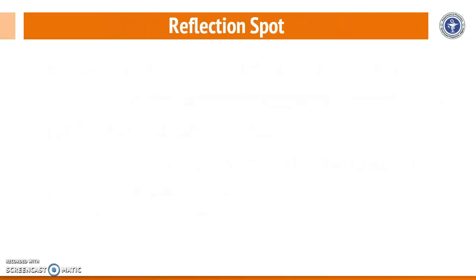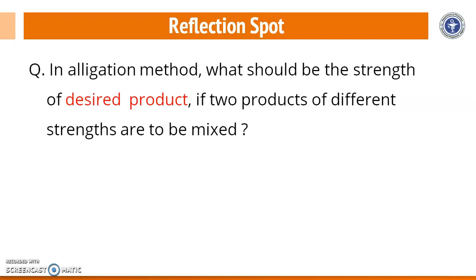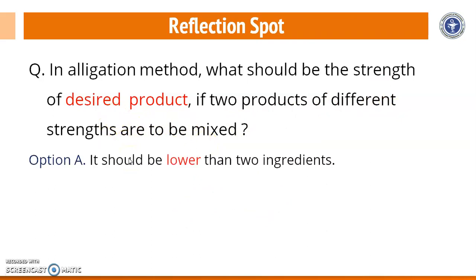Now, let us reflect on what we have understood. Here is your question for you. In the alligation method, what should be the strength of the desired product if two products of different strengths are to be mixed? Your options are: option A, the desired product strength should be lower than the two ingredients.